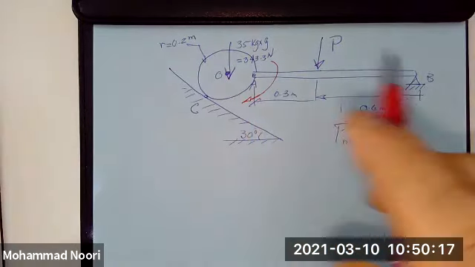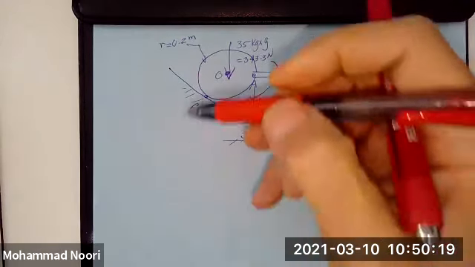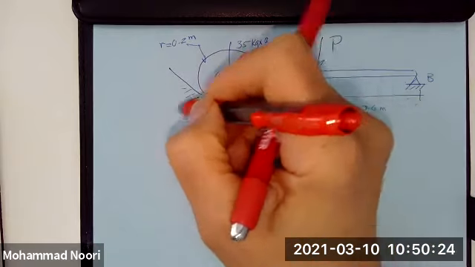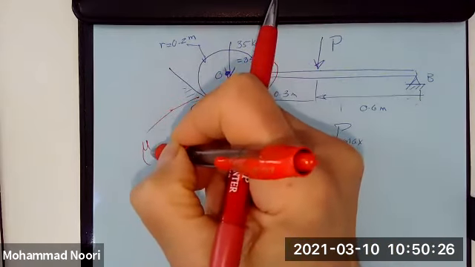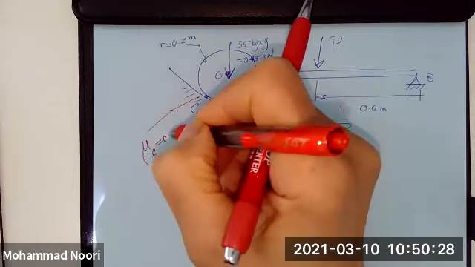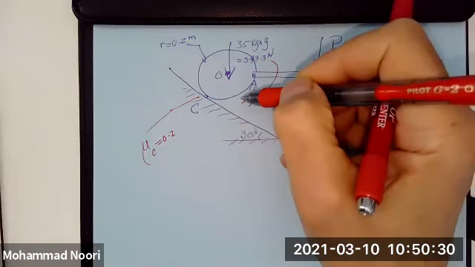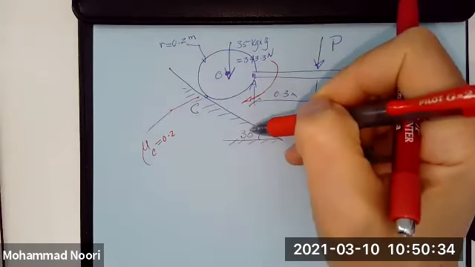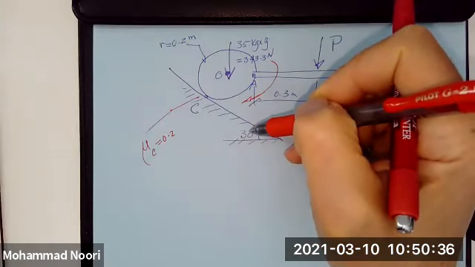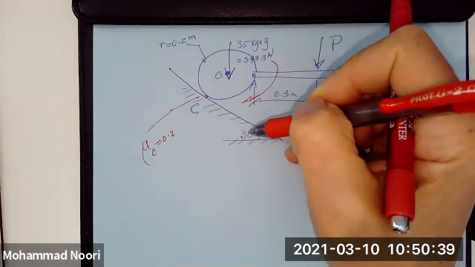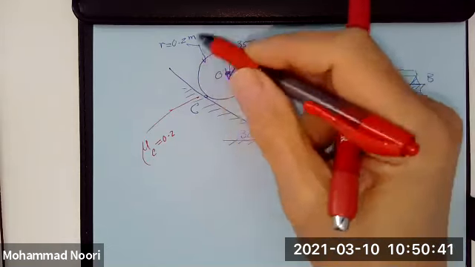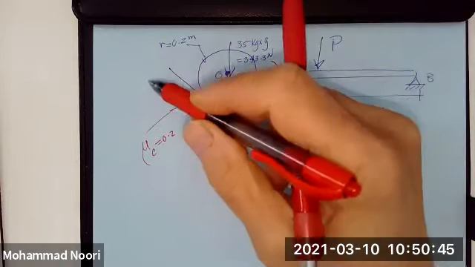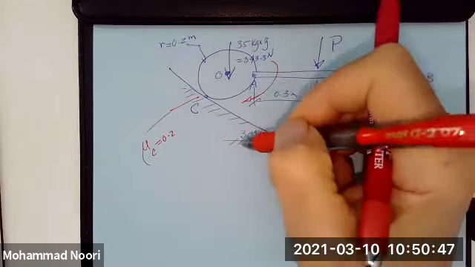So if there is a friction force that is potentially developing between this and the surface here, and by the way, the coefficient of friction here is given as 0.2, if a friction force develops between the disc and this surface, what direction would that friction force be if the motion is taking place in this direction? Is it going to be this way or that way? Downward or upward?